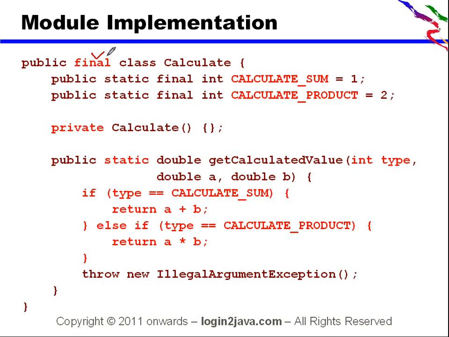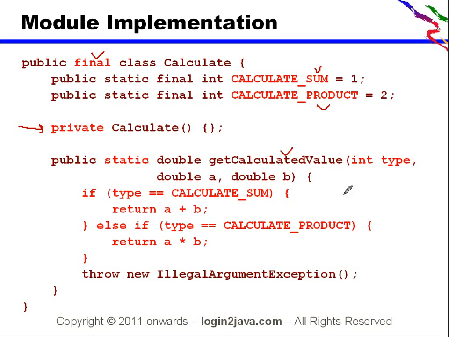So that's why we made it final. We have taken two constants, calculate sum and calculate product. They are basically the types of calculation that should be performed looking at the context. Sum is 1 and product is 2. These are the constants. We have made the constructor private so that direct instantiation won't be possible.